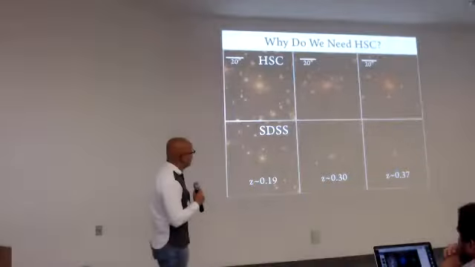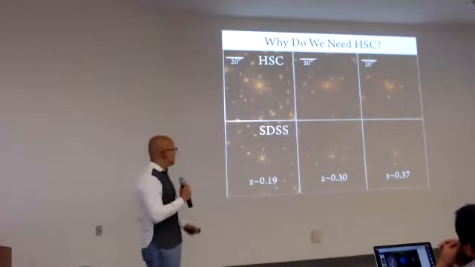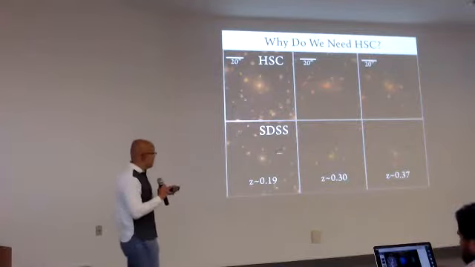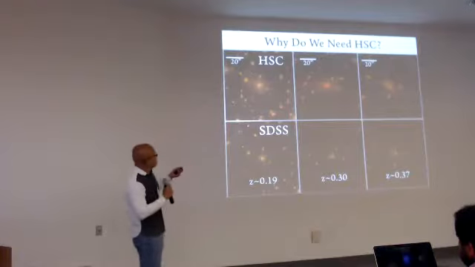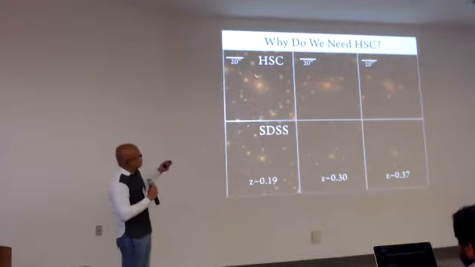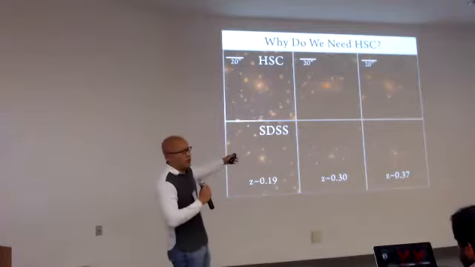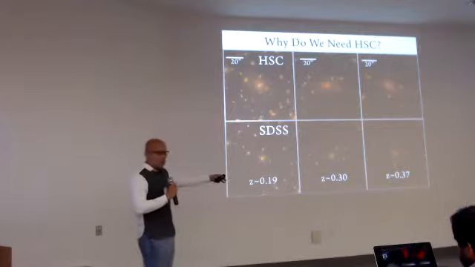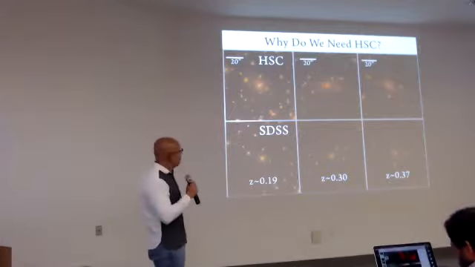And this is what they look like from the HSC 8.2 meter telescope. As you can see, although the SDSS image is not that bad, all these galaxies are well resolved. The HSC image can show much more detail in the outskirt and help us trace their stellar mass distribution out to 100 and even further, a few hundred kiloparsec away. And this is extremely useful for our topic.